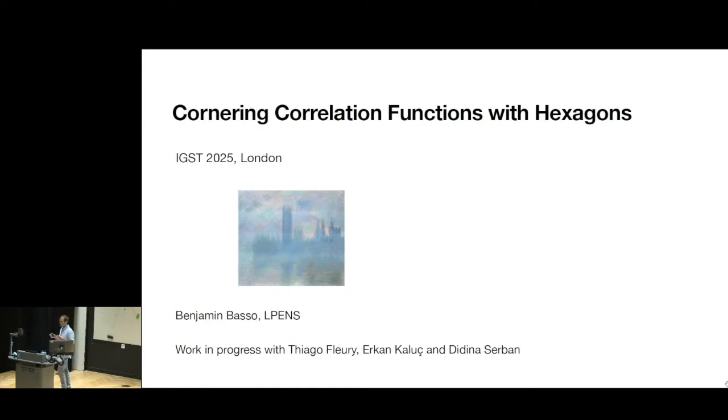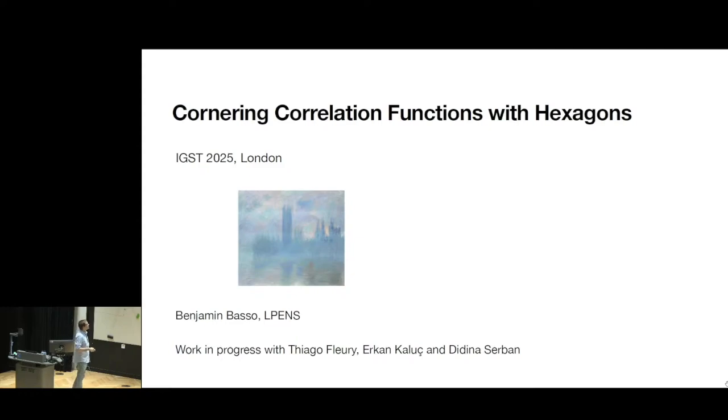Okay, so I tried to put all of this in order, but I'd like to start with some disclaimers. This is really a work in progress that we started not so long ago, so it does look a little bit like that at the moment. If you don't know this painting, this is the House of Parliament.